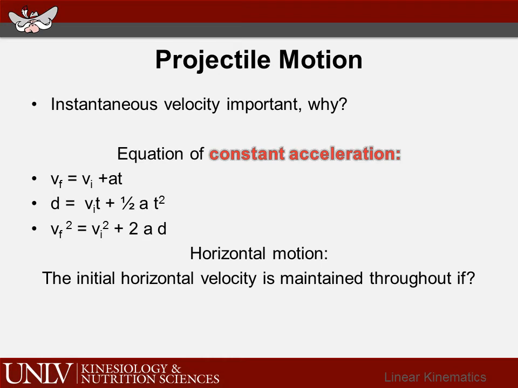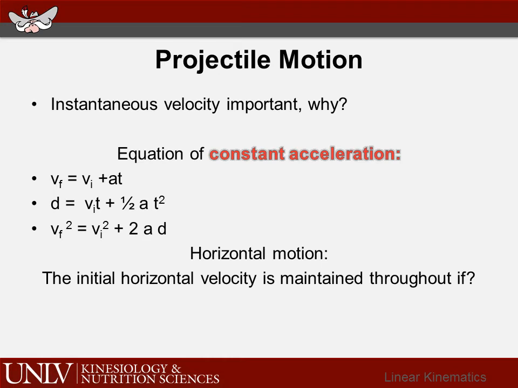Now, in this class we're going to talk about things like cycling and swimming, where you're dealing with a lot of different air and molecule resistance, which they call fluid dynamics, that typically cause motion to decrease.